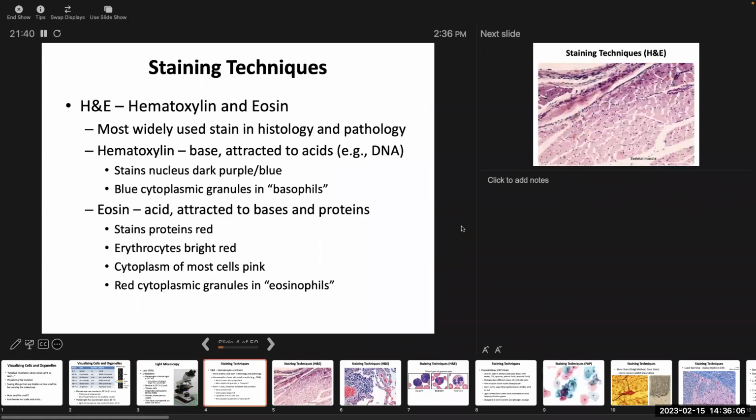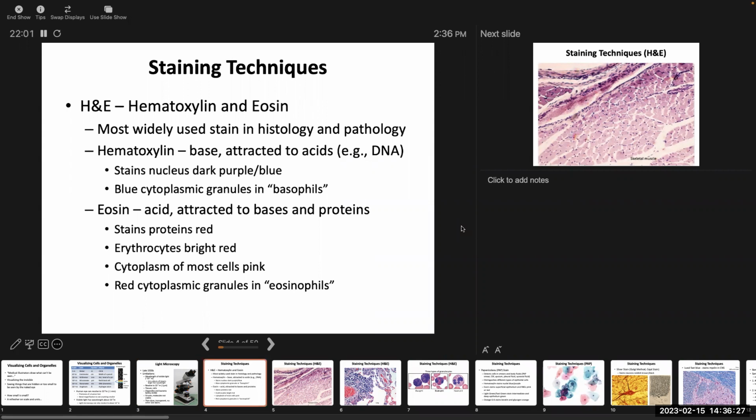So I want to spend some time talking about these different techniques that are used to stain microscopic samples, because as medical illustrators, you will run into these things all the time. And it's really helpful to have some understanding of what the heck you're looking at when you look at a stained sample.